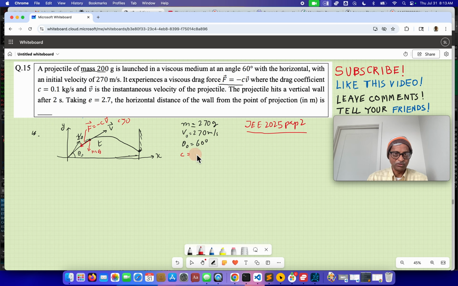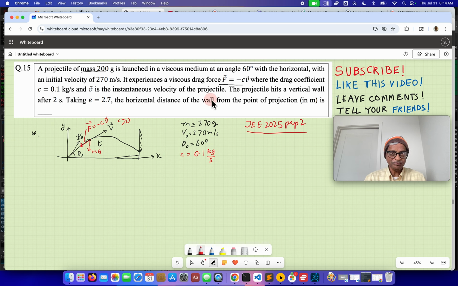C is given actually 0.1 kilogram per second. That unit should be just because this has to be a unit of force. So there has to be one more to make it a unit of acceleration, right? Mass times acceleration will be the unit of force.